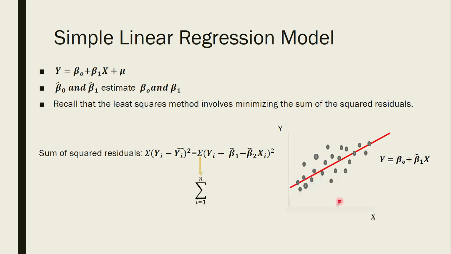Here is a scatter plot of a sample data set, and here is the least squares regression line for these data points. Although we don't have the formulas just yet, there are infinite numbers of different lines that we could draw through these points, and this is one of them, the least squares line.